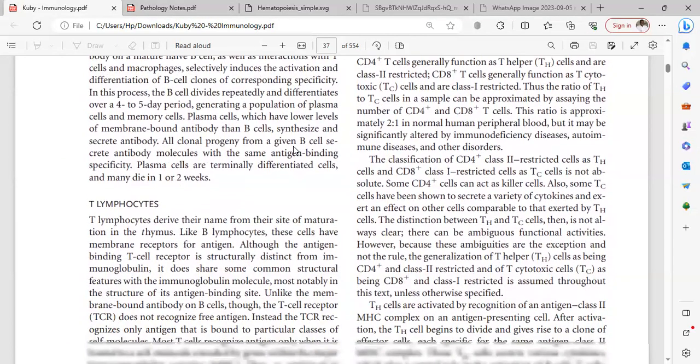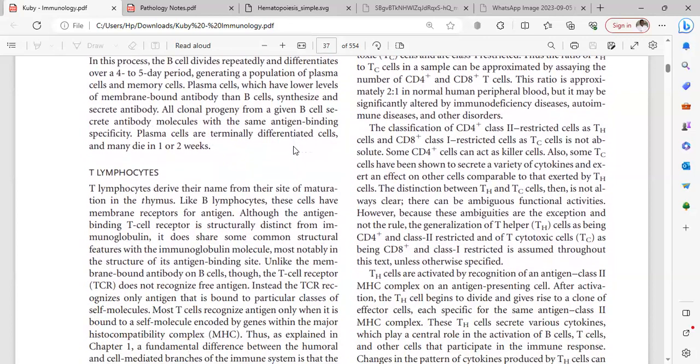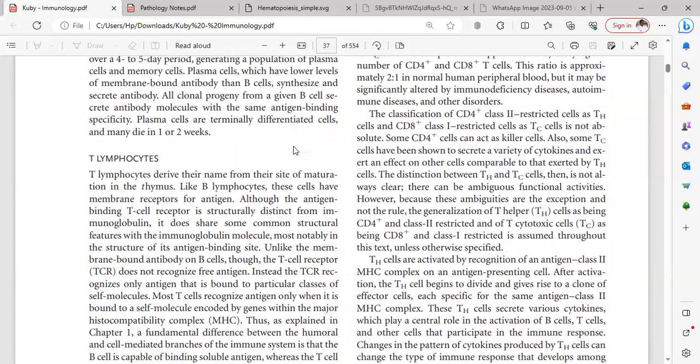So we'll go to T lymphocytes. T lymphocytes also originate from the marrow, but the maturation site is the thymus. They also have membrane receptors for antigen where they bind to elicit an immune response.